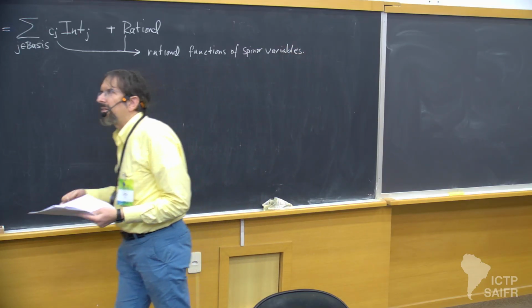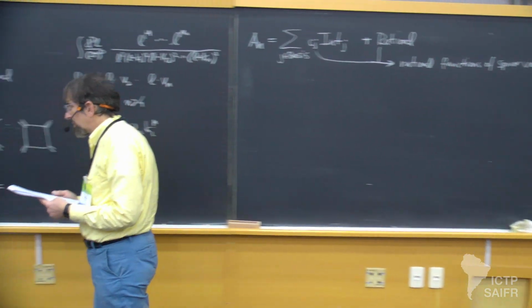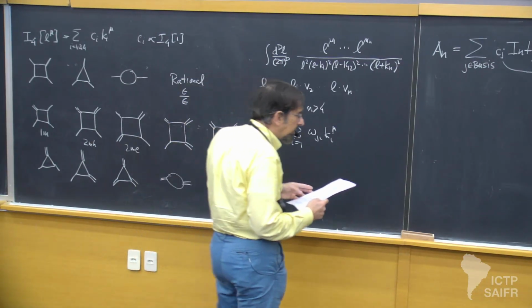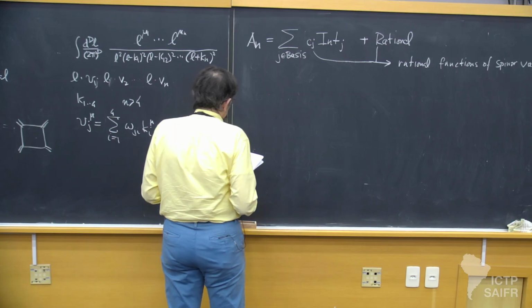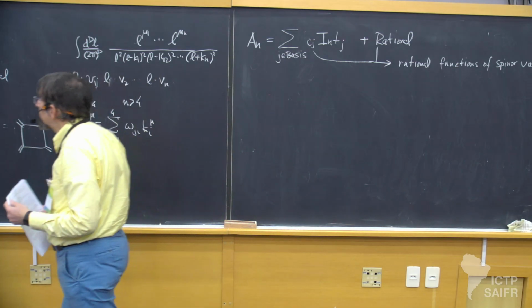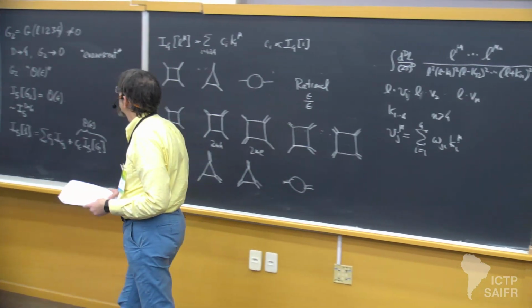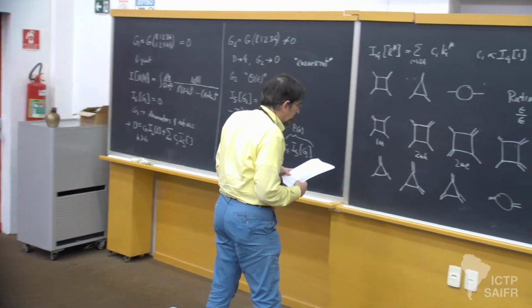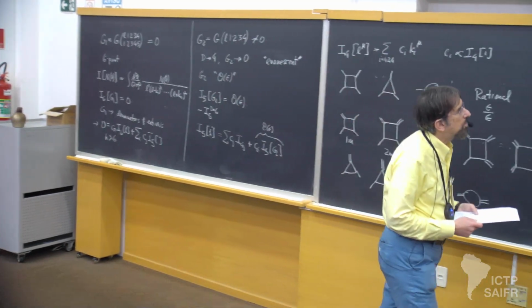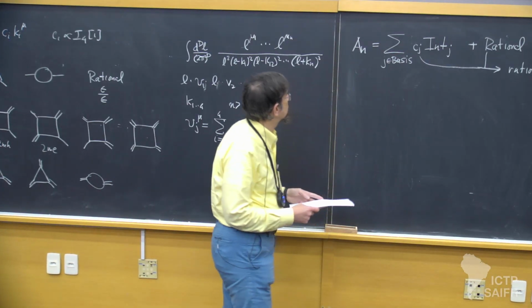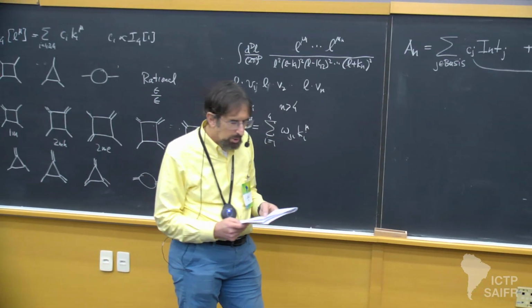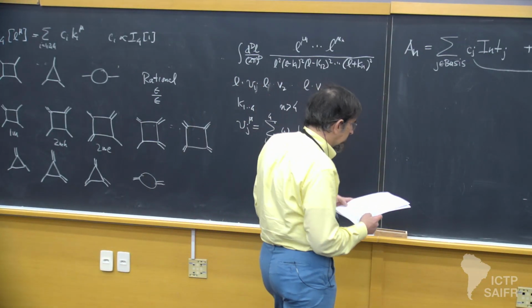And of course, that function has to be also a function of the spinor products because of Lorentz invariance. So this is actually enough at one loop. At two loops, there are additional concepts which we need to learn about and some additional technology, which we'll come back to tomorrow.